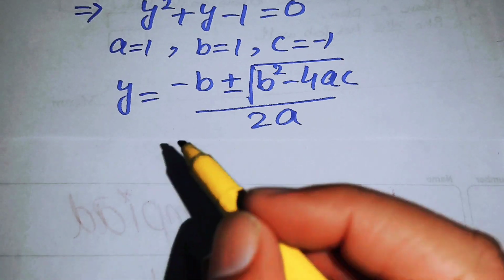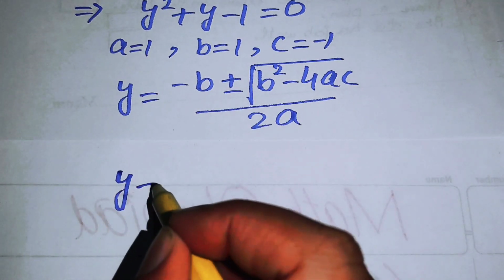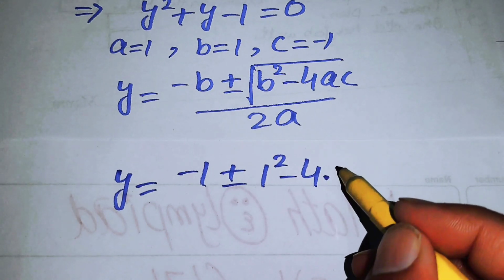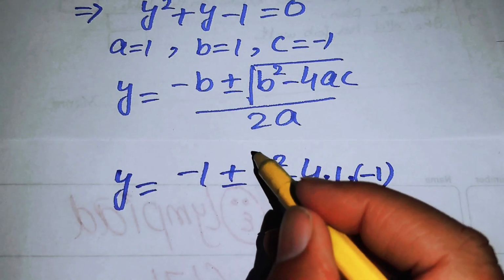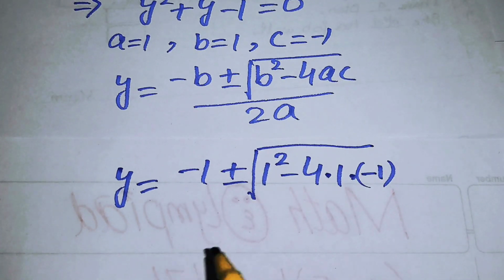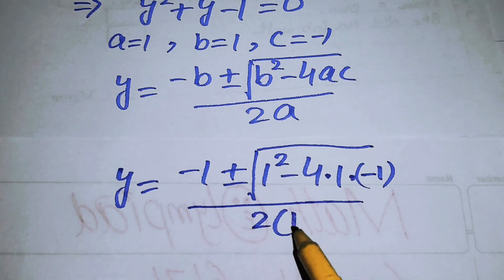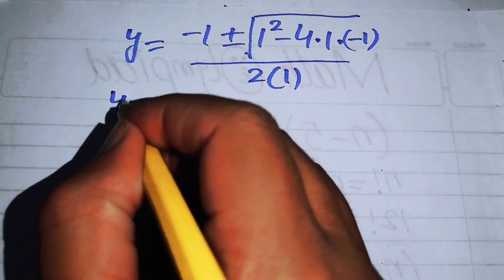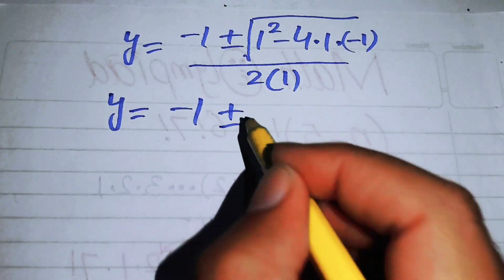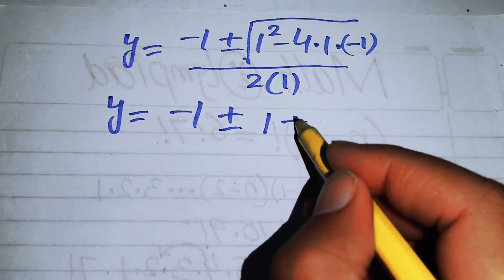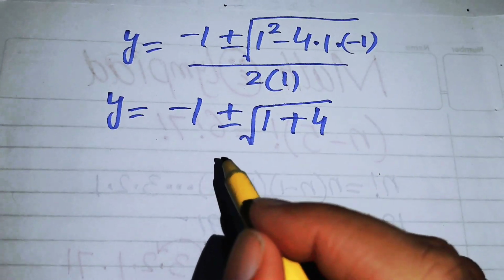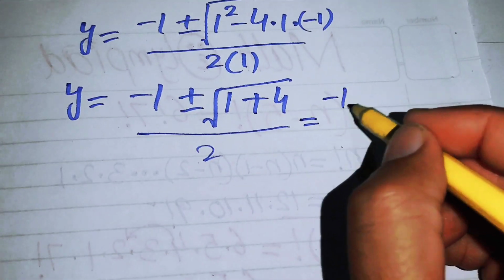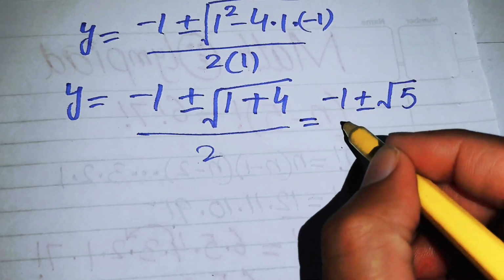In the next step we will put all the values of a, b and c in this formula, and you will get y equals minus 1 plus minus square root of 1 squared minus 4 times 1 times minus 1, over 2 times 1. After some simplification, 1 squared becomes 1, and this is plus 4, so you will write it as y equals minus 1 plus minus square root of 5 over 2.